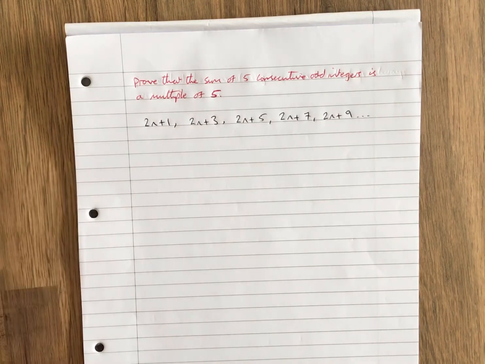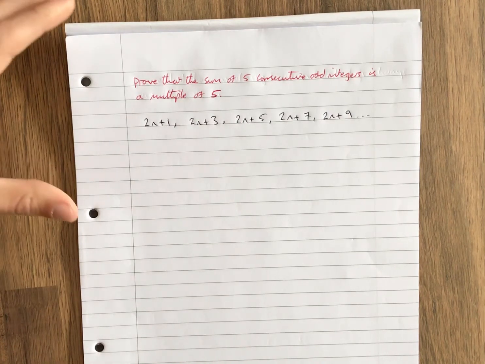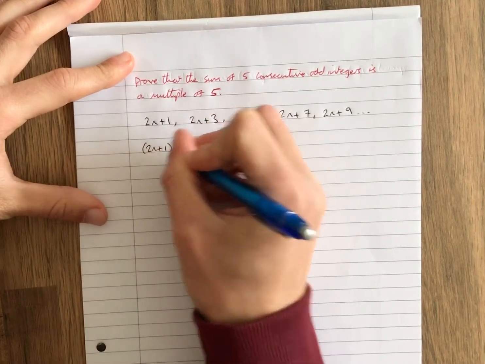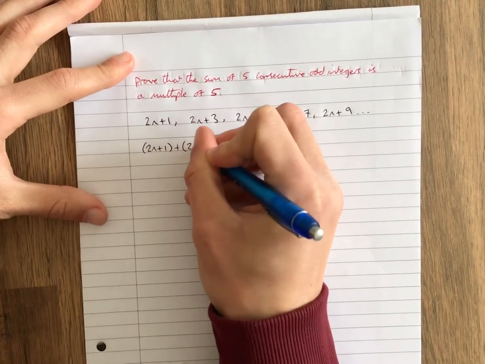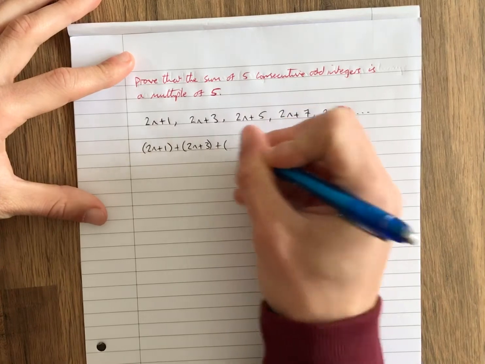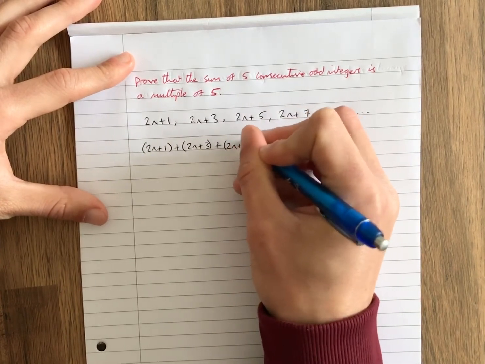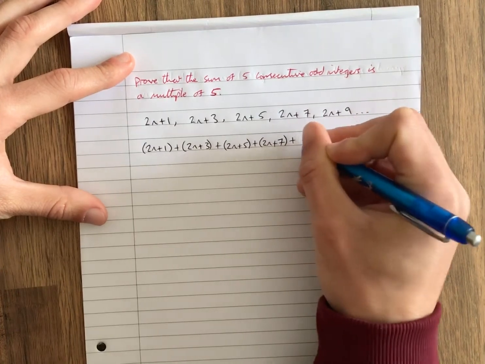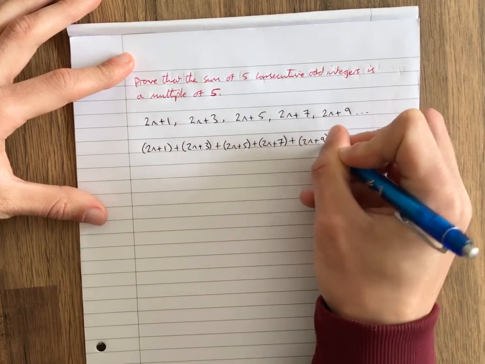We're trying to prove that the sum of those 5 consecutive odd integers is a multiple of 5. So we now need to add these 5 together. So my next line, I'm going to add those 5 integers, and I'm going to write those in brackets just so we know that in each of these cases, each of them represents a different odd integer.